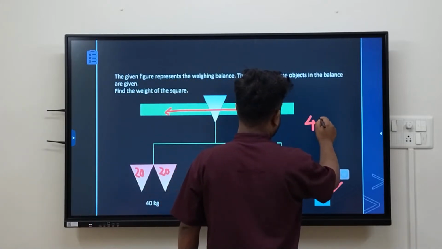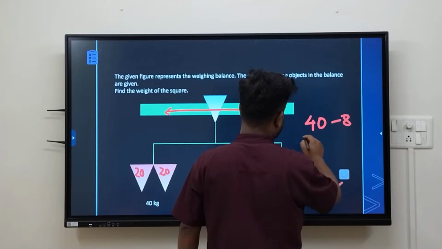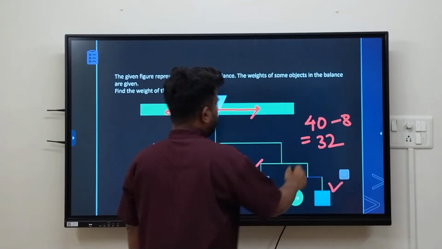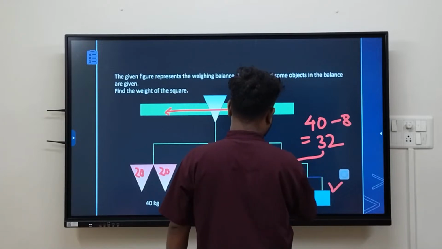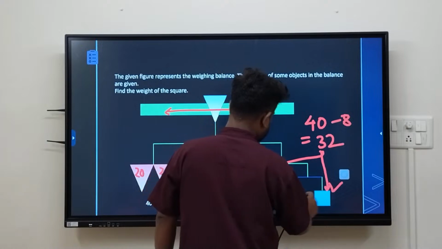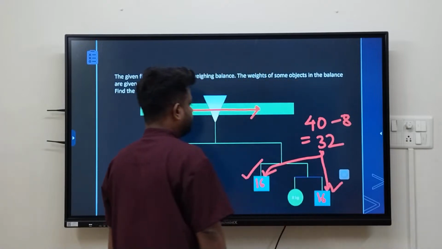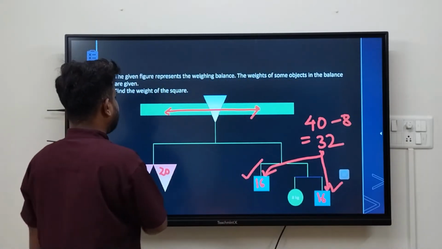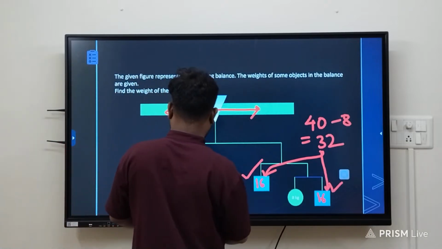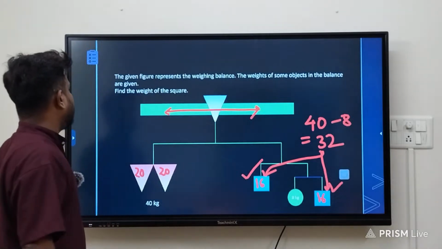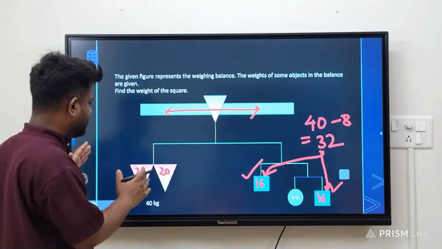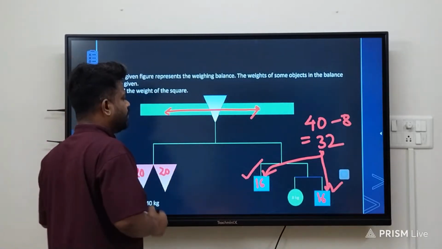So from 40 we have to subtract 8 to make it 32, and to divide 32 between these two, they have to be 16 and 16. And this one will be divided between 40 and 40. So this has to be the answer. Okay, this one is quite an easy one.